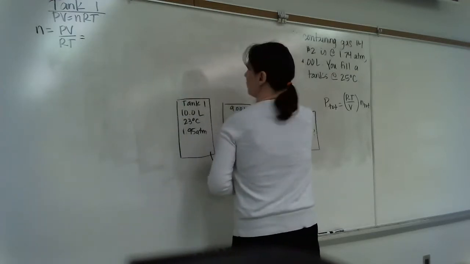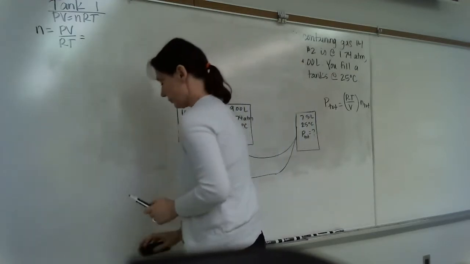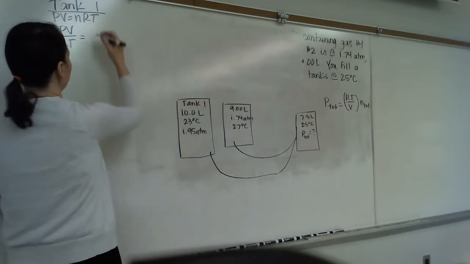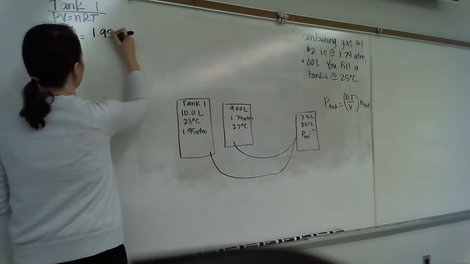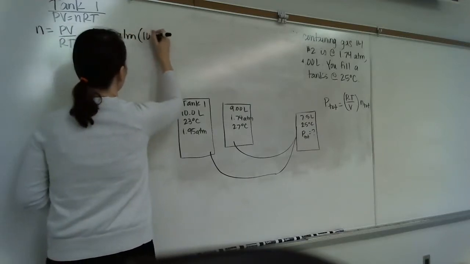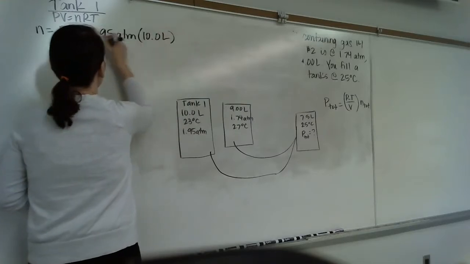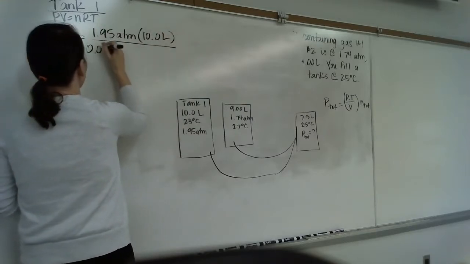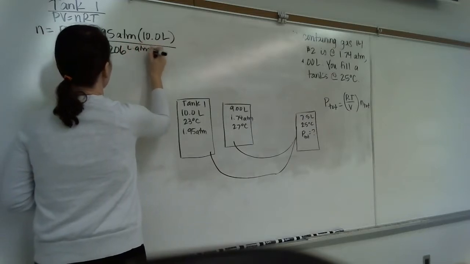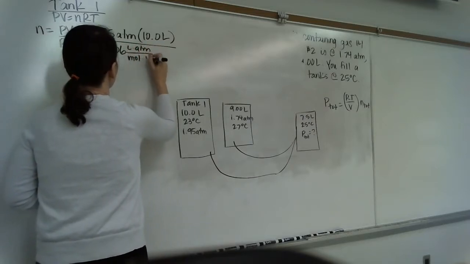Just erase the equation. So pressure is 1.95 atmospheres. Volume is 10.0 liters. R is 0.08206 liter atmosphere per mole Kelvin.